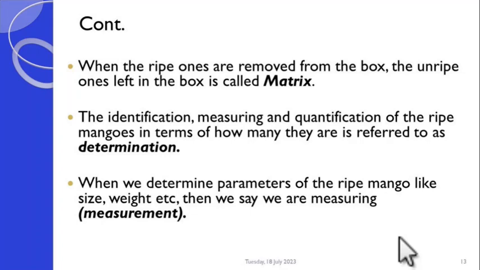Now, after we have been able to select the ripe mangoes from the unripe ones, once we go through identification of the ripe ones, measuring them whether they are big, small, or heavy, and then being able to quantify them, we are saying that we are determining it. Hence, we are doing determination.